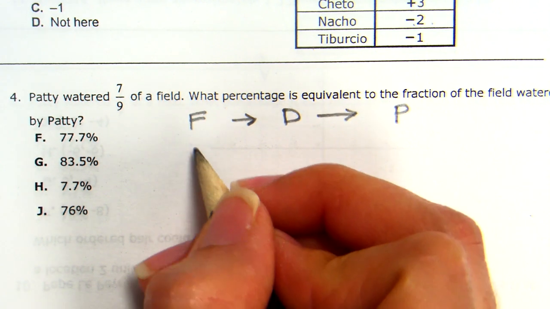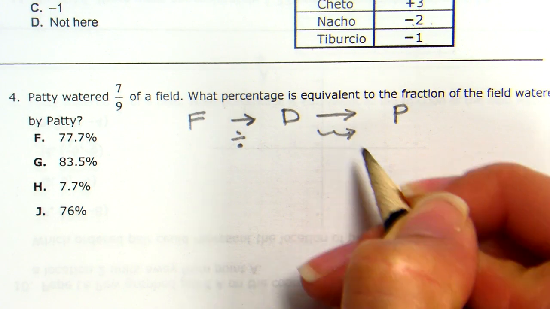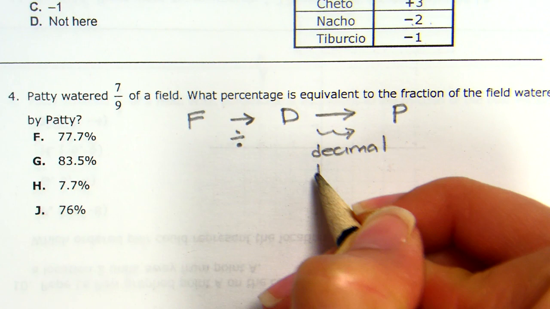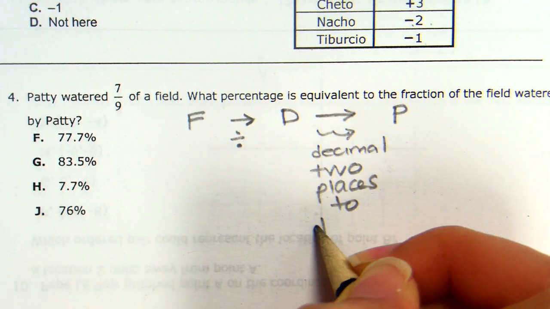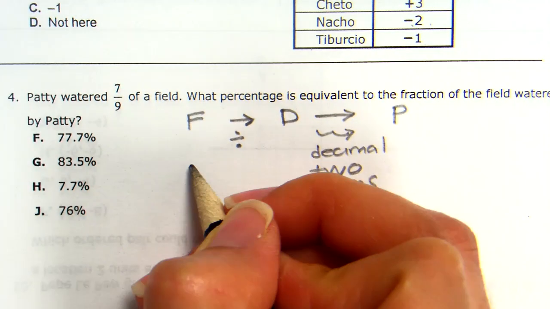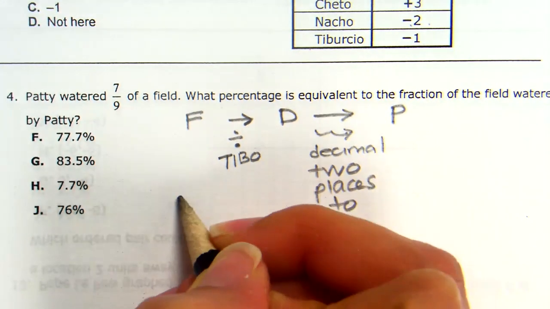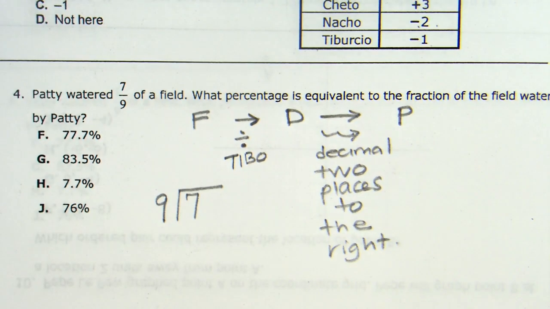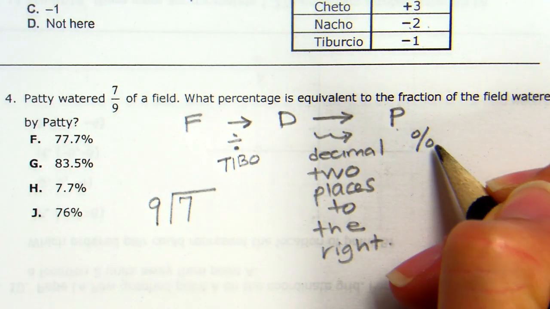So it's going to be by division, and then we move the decimal 2 places to the right. Okay, remember it's always TIBO, top in, bottom out. 7 divided by 9, and then you move the decimal 2 places to the right so you can turn it into a percent, and you add the percent sign at the end.